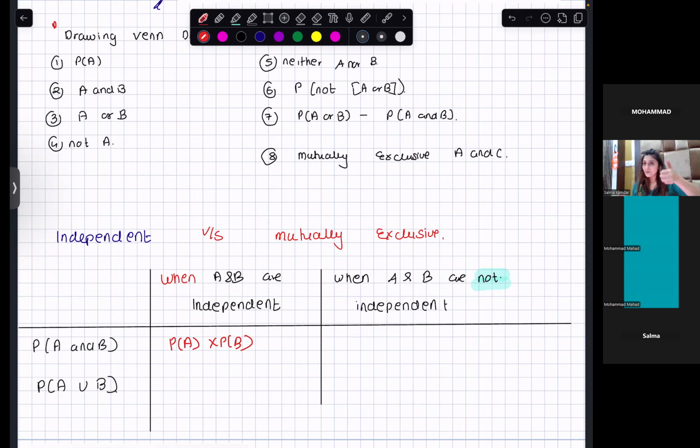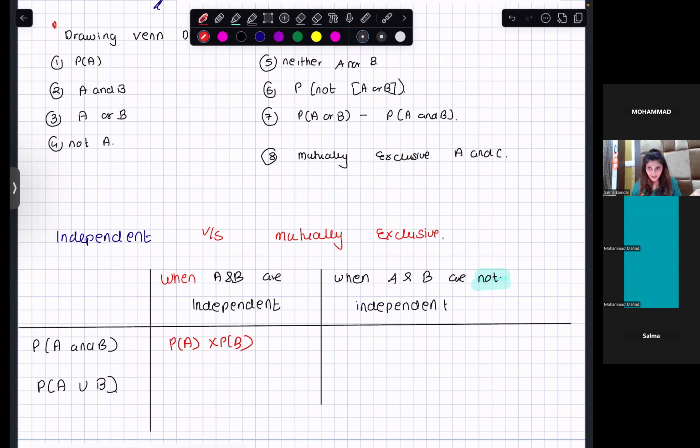It means tossing a coin and rolling a dice. These events are independent of each other. Okay, Mahad marrying, Haris marrying are independent of each other. Are you with me?